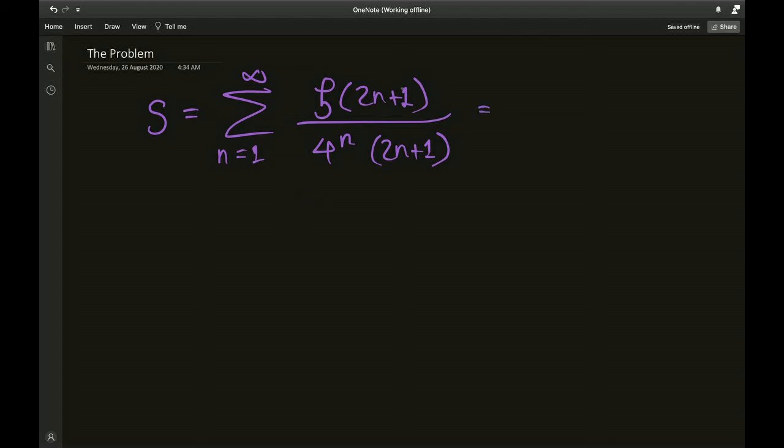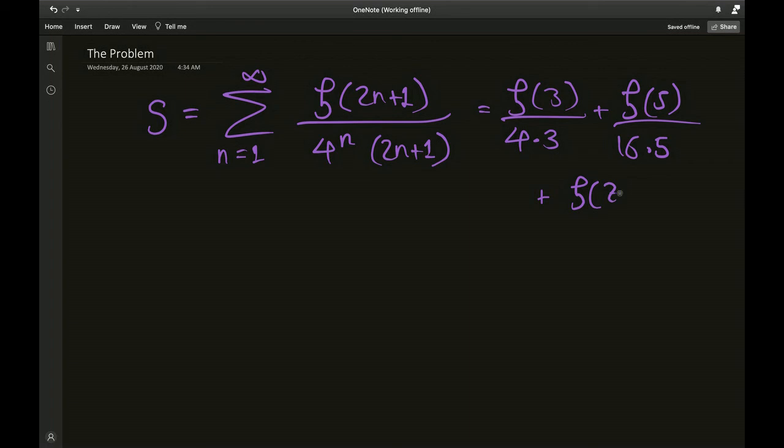If you want to write out some terms, that will be zeta of 3 over 4 times 3, plus zeta of 5 divided by 4 squared, which is 16, times 5, plus Riemann Zeta of 7 over 64 times 7, and so on, going to infinity.